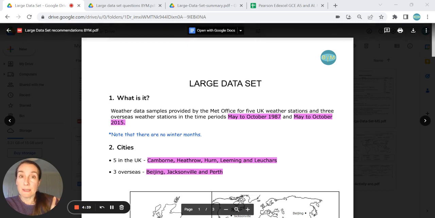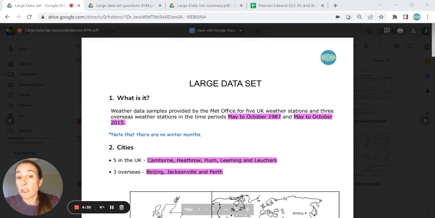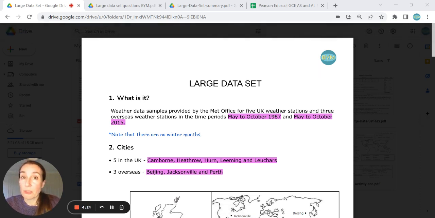In the Edexcel large data set, you have a big spreadsheet with data about weather in different towns. So what I've done here is explain what it is and make some notes of things that are important for you to remember, because sometimes they give you a bit of the large data set and ask you to calculate mean, standard deviations or things like that.